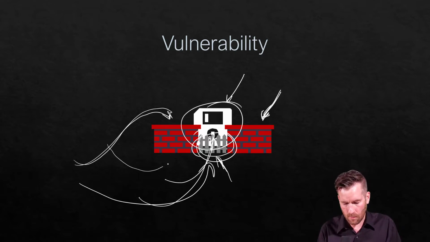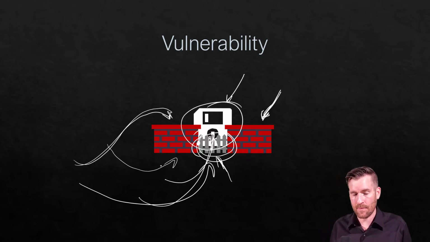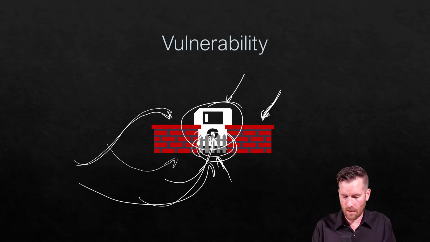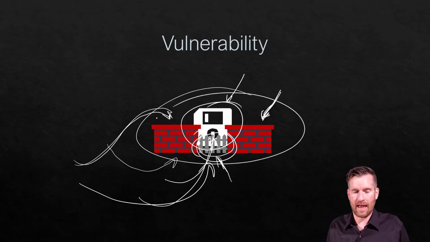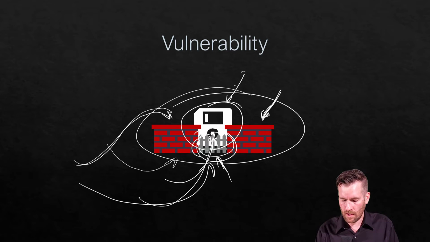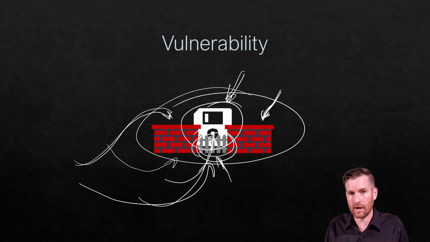Or depending on what the ground is like, maybe they can tunnel underneath to get to this data. So these are vulnerabilities that give some exposure to this data, making it susceptible to this threat.